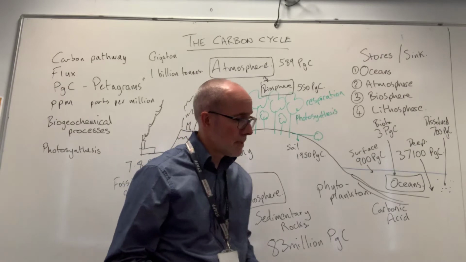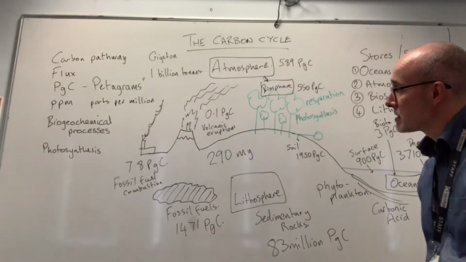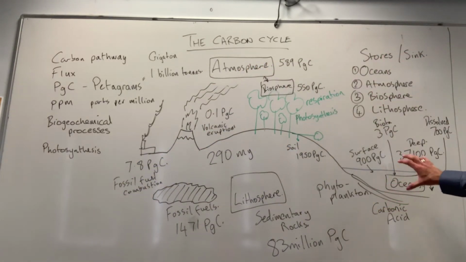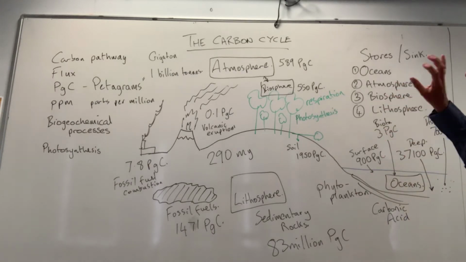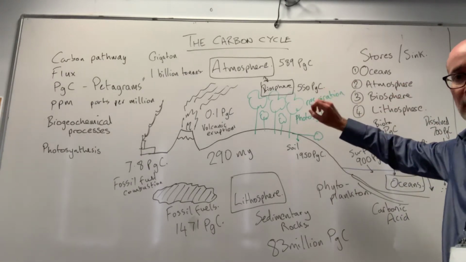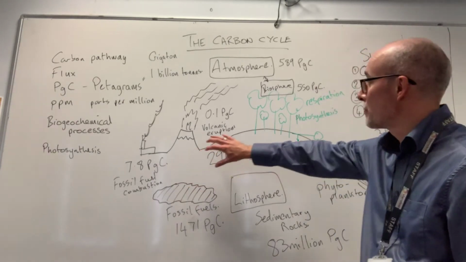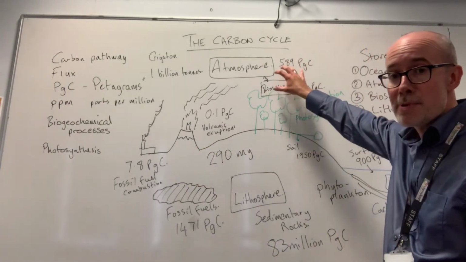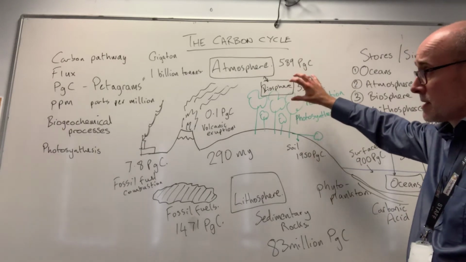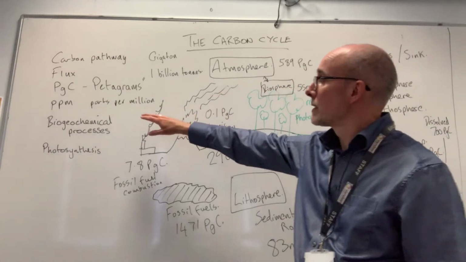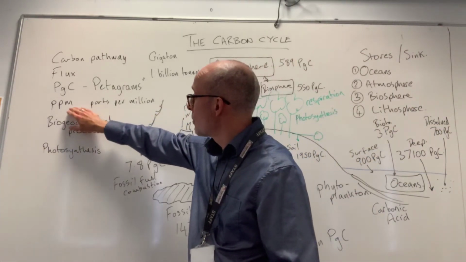That is an important factor, because if the oceans weren't such a big store of carbon, where would all our carbon dioxide be that we've been pumping out over the last 200 years from fossil fuel combustion? Well, the chances are it would be up in the atmosphere. So we'd have an even higher concentration of CO2 in the atmosphere than we already have.